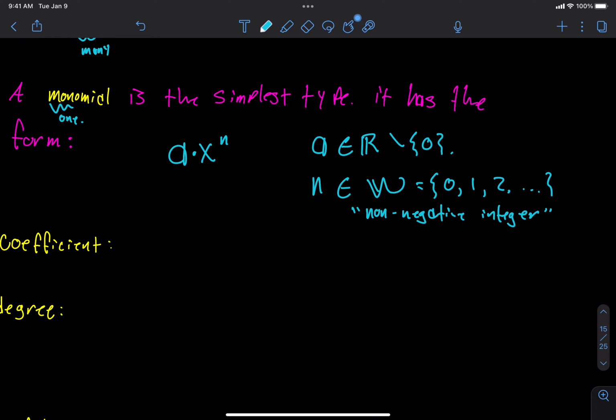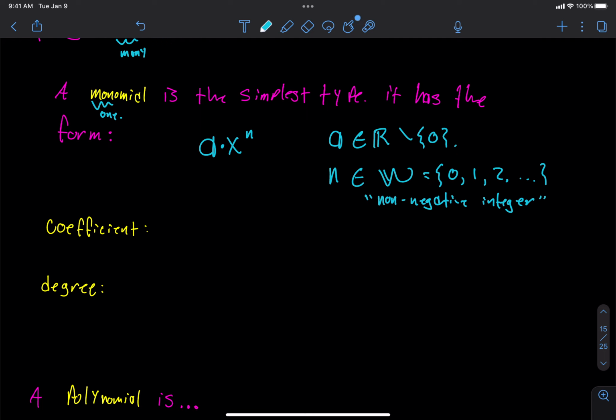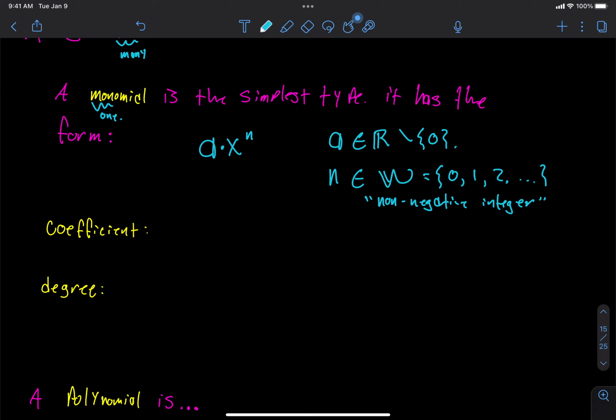So this is a number times x to a power, and the power needs to be a non-negative integer, like 0, 1, 2, no fractions and no negatives. The coefficient is what we call a, and the degree is what we call n. So this is a monomial with coefficient a and degree n.